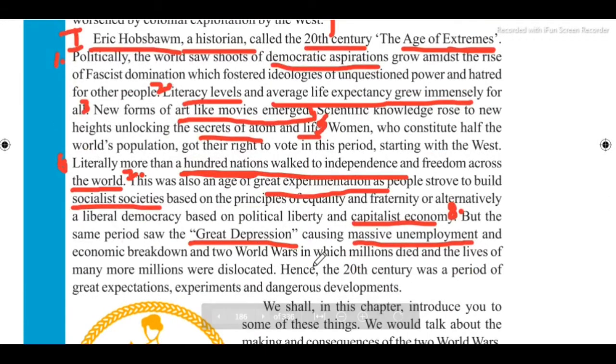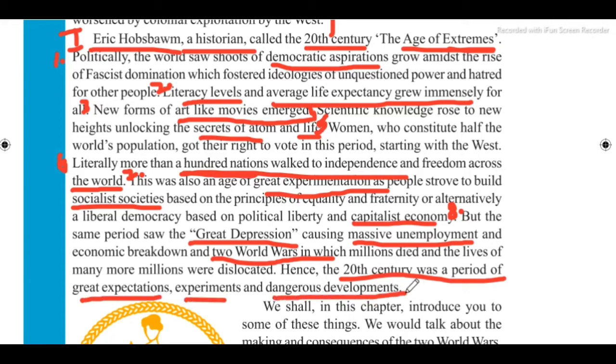Coming to the ninth important point in this topic will be the world has seen two brutal wars, two world wars, and never the world have seen such wars. The reason behind it, and the conclusion of this topic will be the 20th century was a period of great expectations, experiments and dangerous developments.